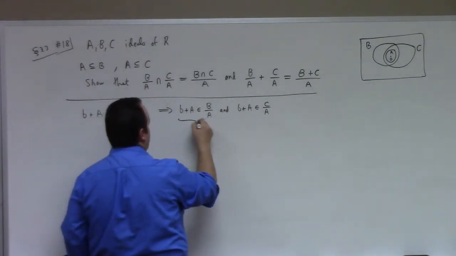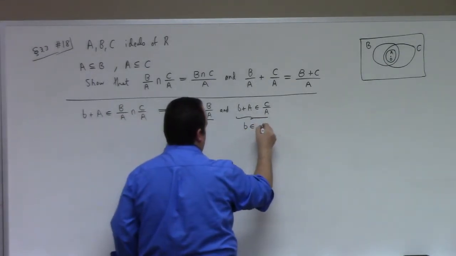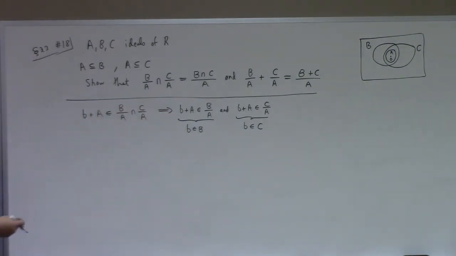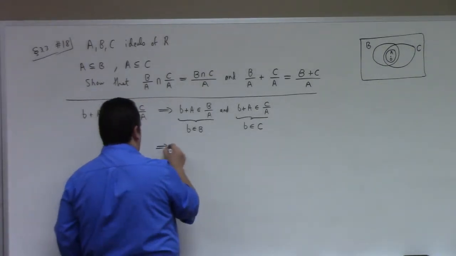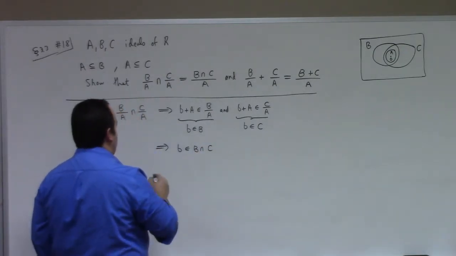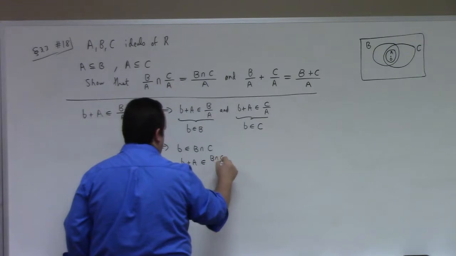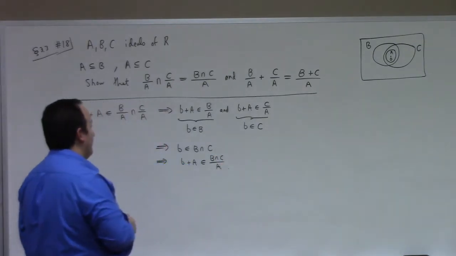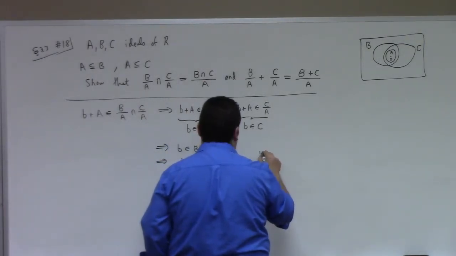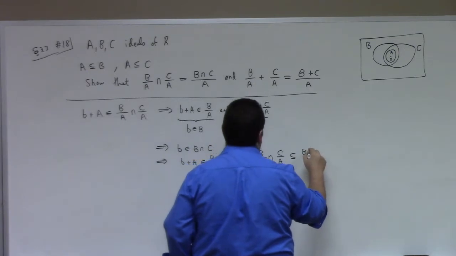Now this means that b is an element of B, and this means that b is an element of C. So b is an element of B intersect C, which means that b plus A is an element of B intersect C over A. So therefore, B over A intersect C over A is a subset of B intersect C over A.